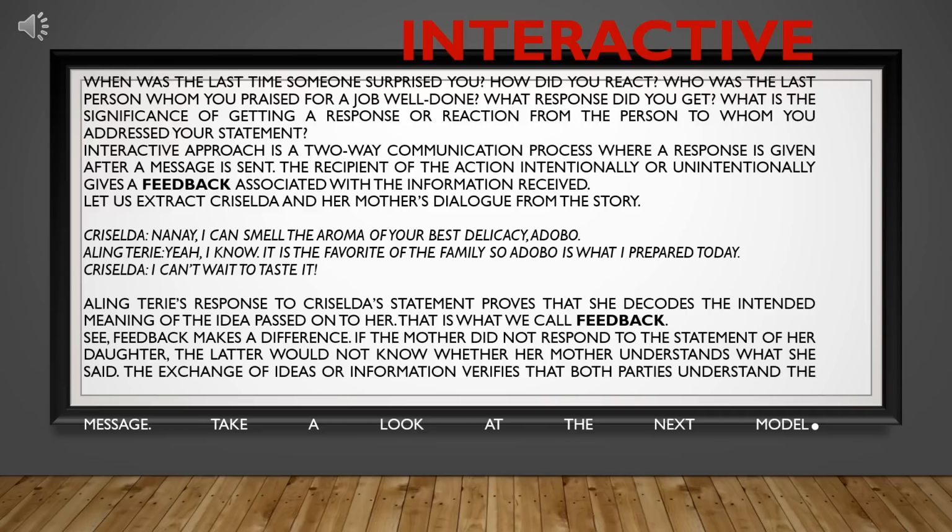And another good thing about the interactive model of communication is that the feedback being given by the receiver, or by the sender, then receiver, then sender again, has something to do, of course, with the context of the communication and the field of experience. That's why you have, I can smell the aroma of your best delicacy adobo.